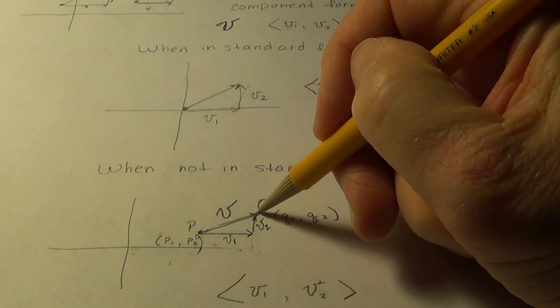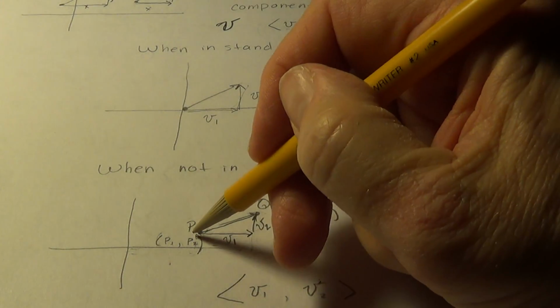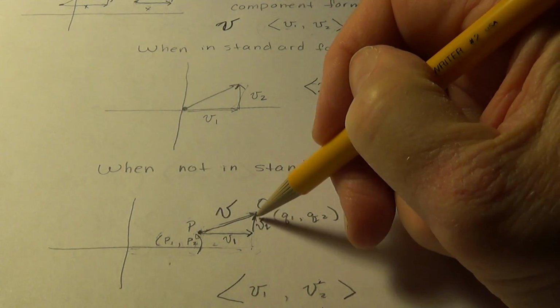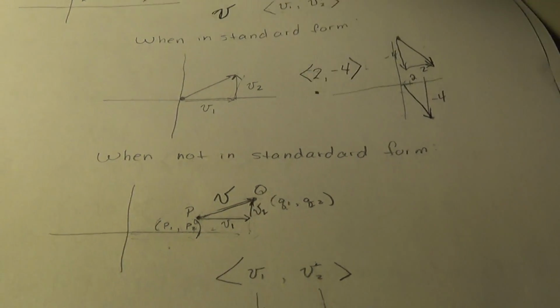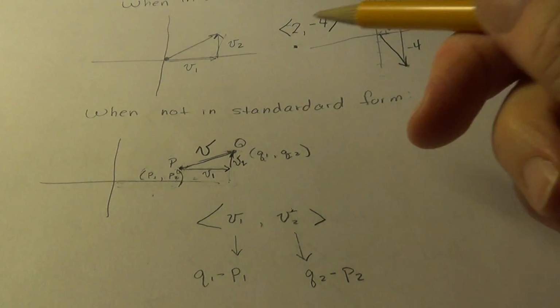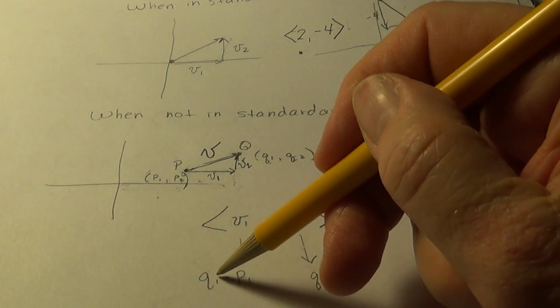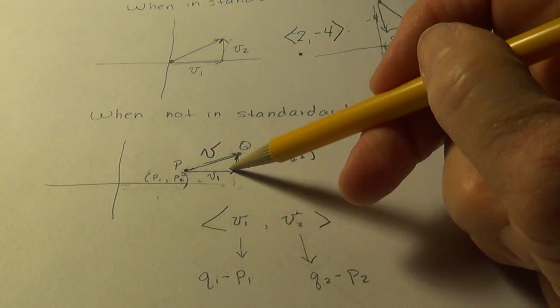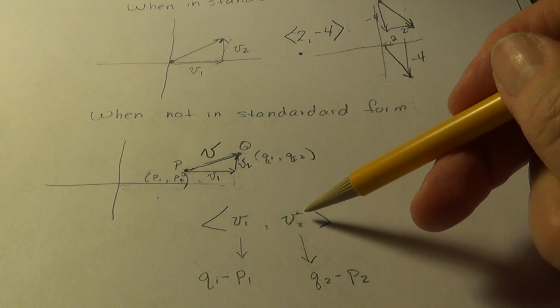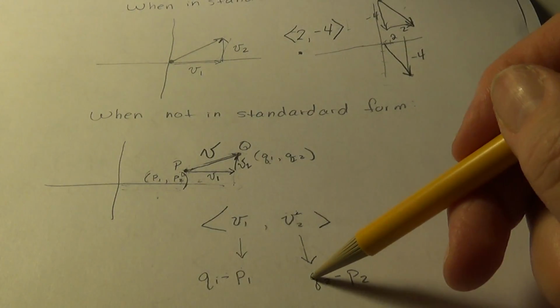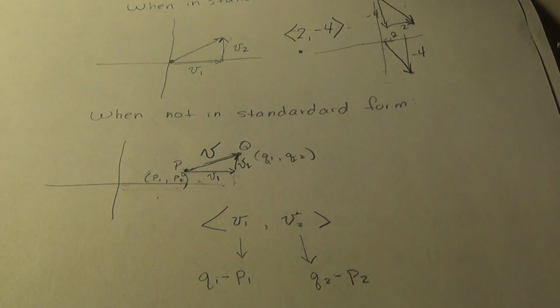I'm going to take the Y coordinate from this and subtract from it the Y coordinate from that, and it'll give me this part. So the X component is Q1 minus P1 in this picture, and the Y component, V2, is Q2 minus P2.